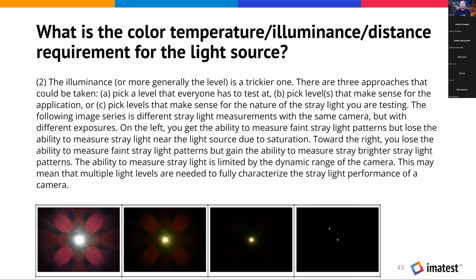So you are saying that you have to test at multiple levels. Is your software able to automatically correlate those stray light images from different exposure levels and combine them together, or is it something we have to take care of ourselves? There's a setting in the software that allows you to add in an ND filter value or transmission value.